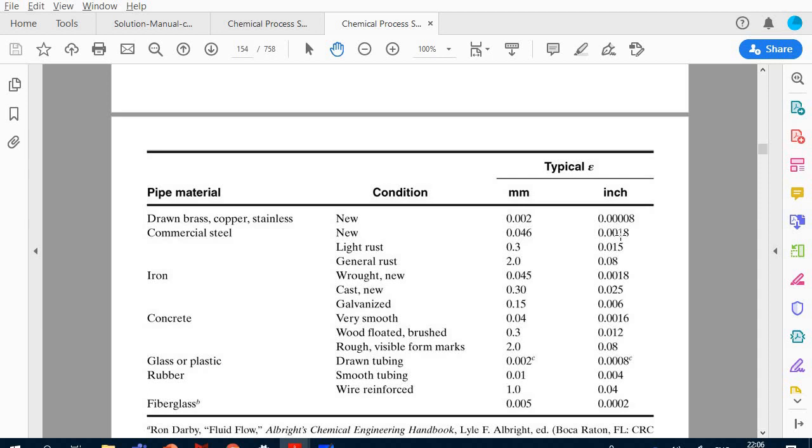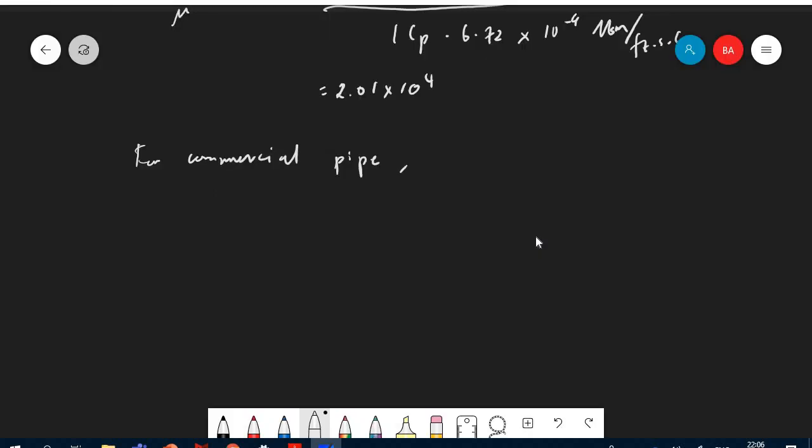Okay, so whatever you want, you just select one of them. It's either 0.0018 inch or 0.046 millimeters, and that was E.